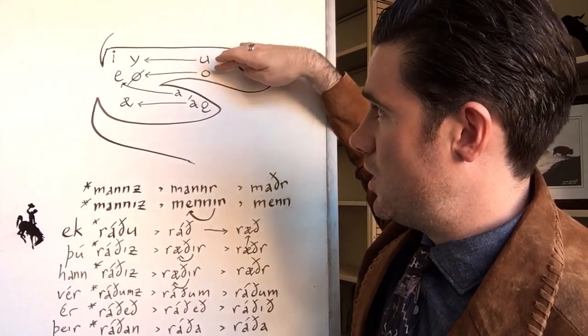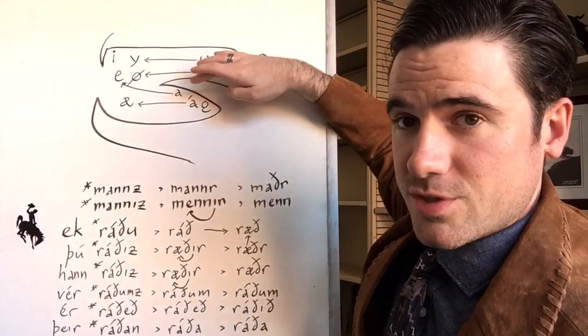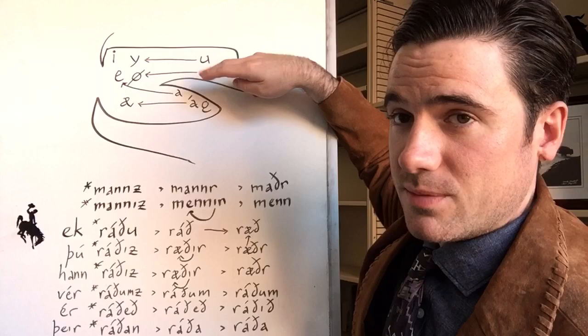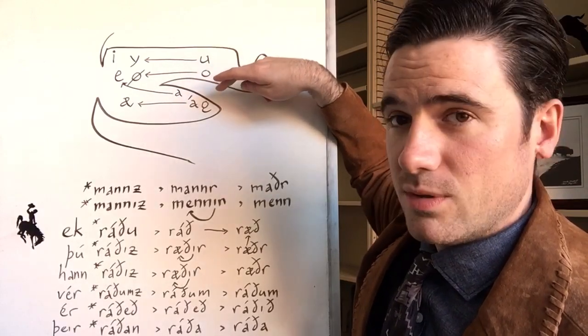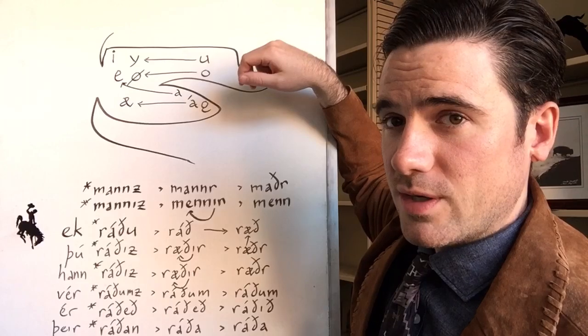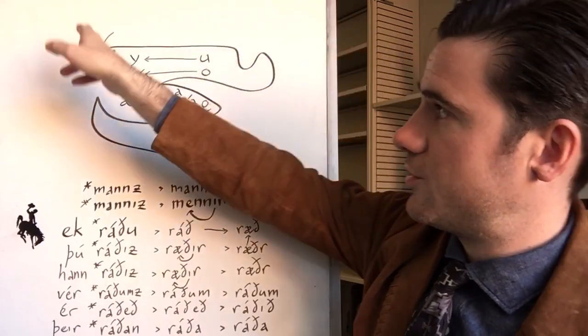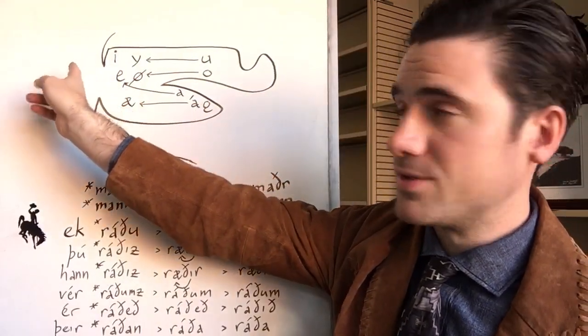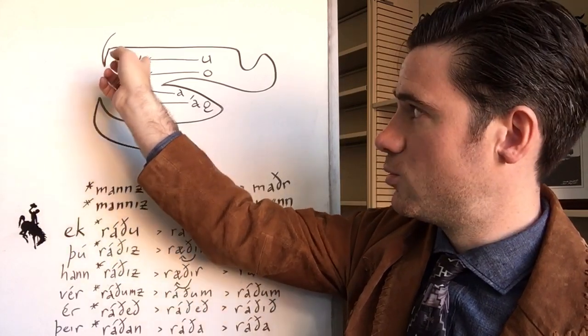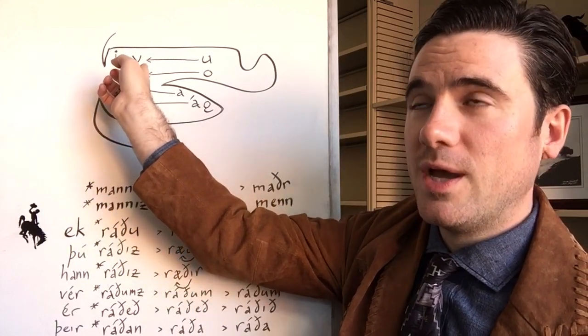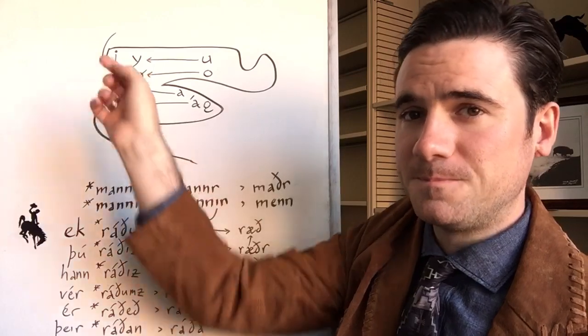So U, O, short A, and long A. I'm writing them differently because they have sort of different outcomes in I-mutation in Old West Norse and O-Kaudata hook O. And then in the front of the mouth, I have the front vowels. So the E, A, sounds, and then the rounded front vowels.